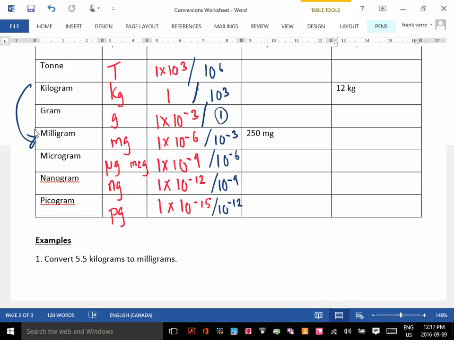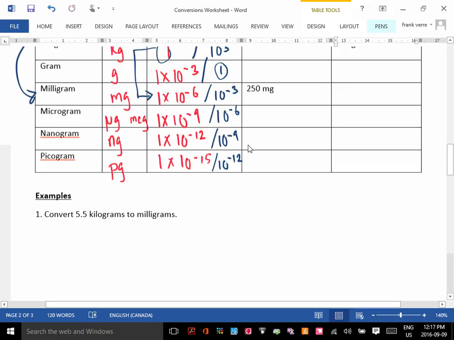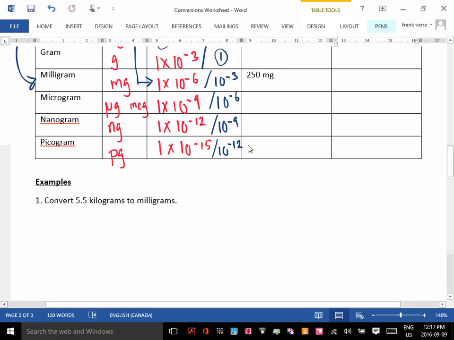So whether you use the kilogram as the base, we see that the milligram is 10 to the 6 times smaller. Or if we use the gram as the base, the kilogram is 10 to the 3, the milligram is 10 to the negative 3. The difference is still 10 to the 6. So the kilogram is 10 to the 6 times bigger than the milligram. Or the milligram is 10 to the 6 times smaller than the kilogram. Does that make sense? Okay.